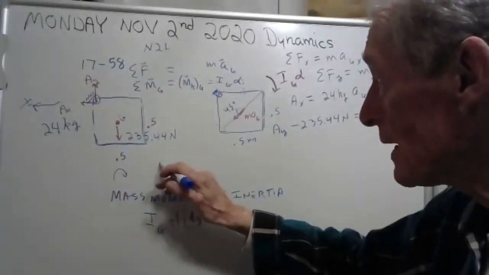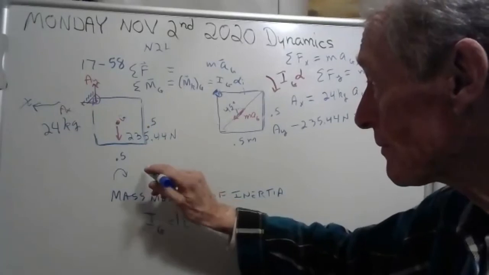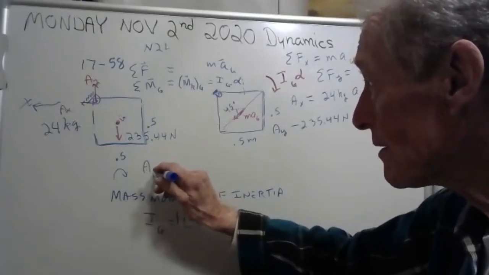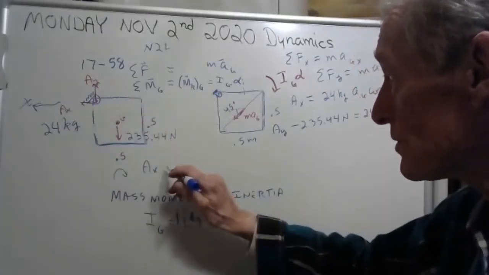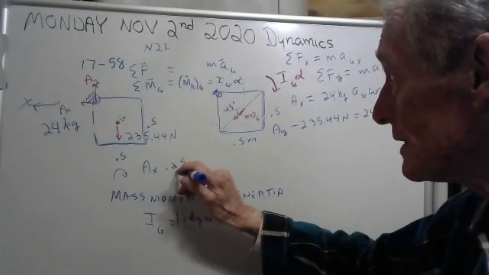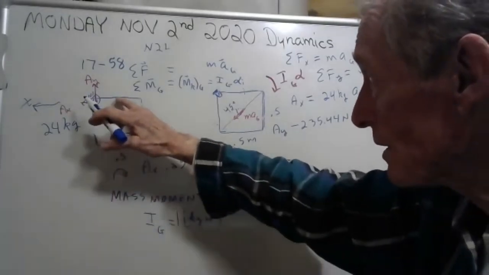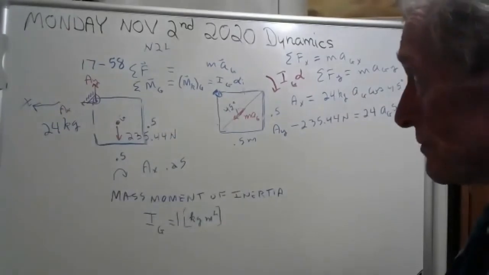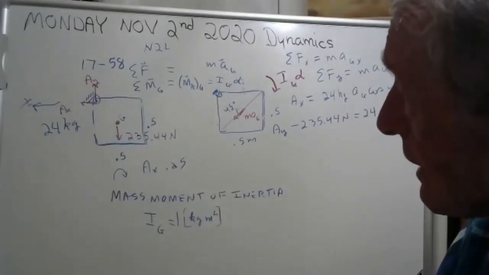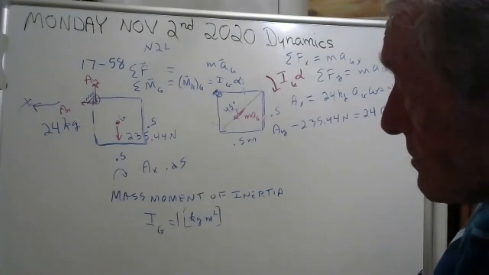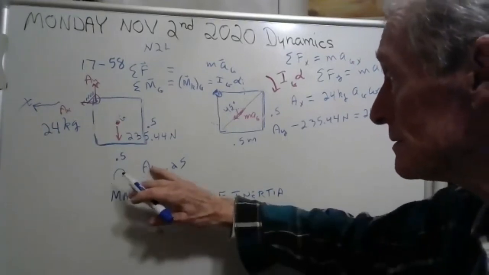We got AX times this distance here, which is 0.25. See, from G up to the line of sight of AX is 0.25. And that gives you a, wait a minute, no, that's counterclockwise. Let's do it this way.